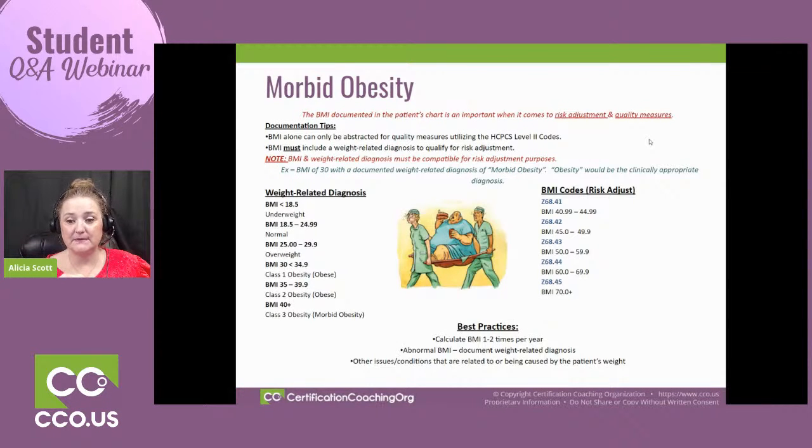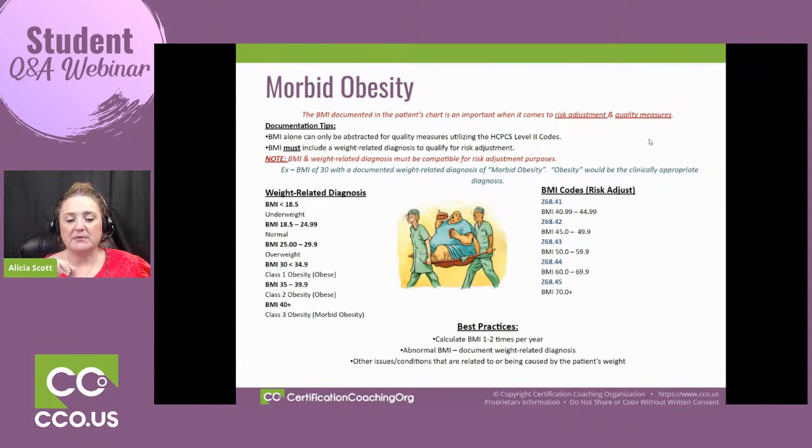If the patient has morbid obesity as a documented condition, you can code E66.01. However, you're going to have a conflict if the patient has a BMI of, say, 35. Okay, so that's going to be a problem in risk adjustment.